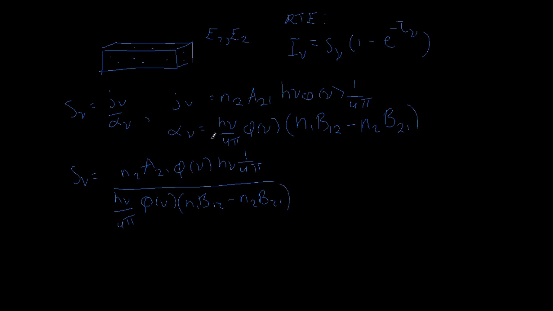Now if we recall the Einstein relations, G1 B12 equals G2 B21, where G is the degeneracy in the corresponding level, and we have the other relation A21 over B21 equals 2h nu cubed over c squared.